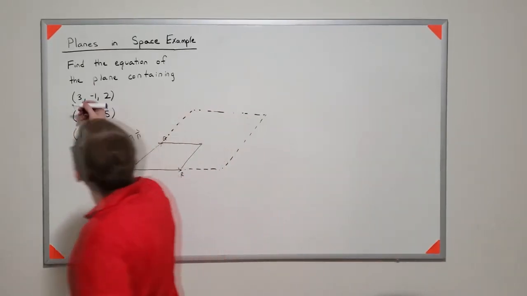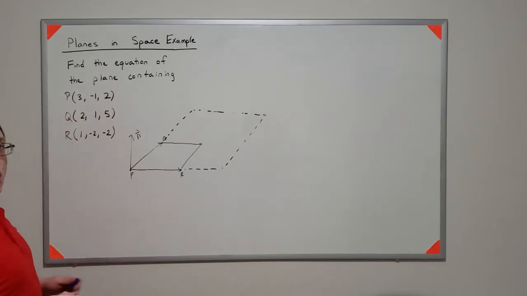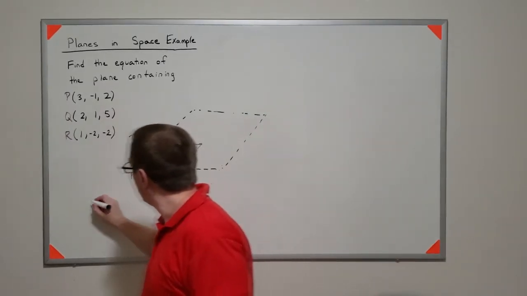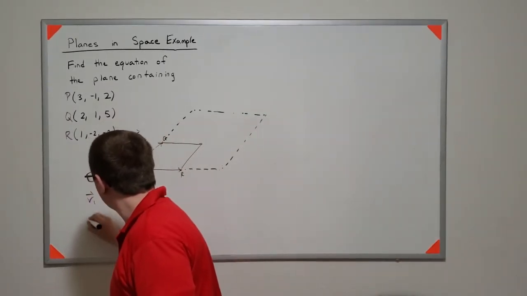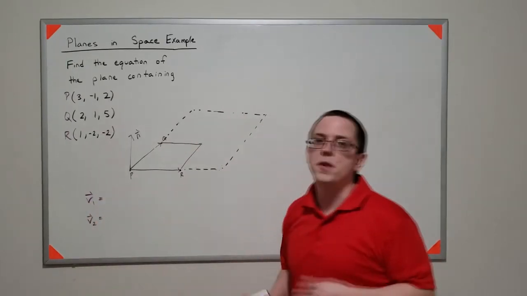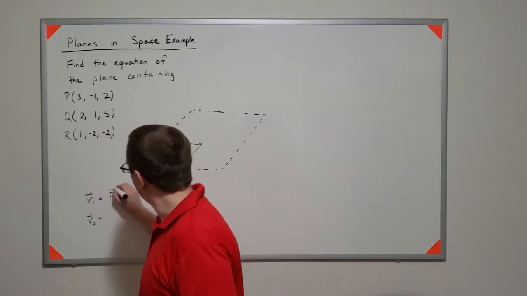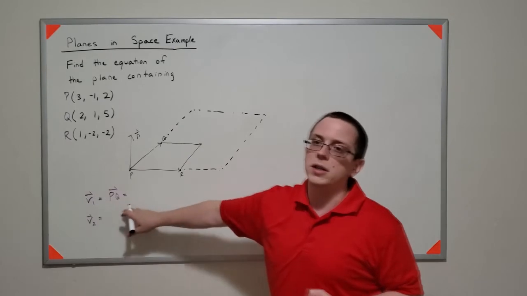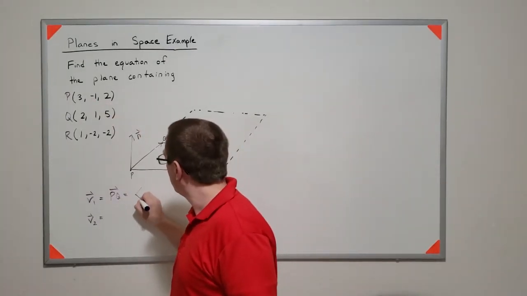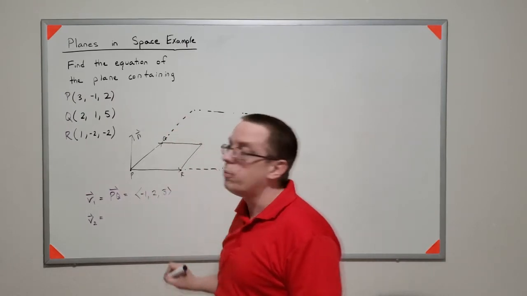So if I call this P, Q, and R, then let's get PQ and let's get PR. Let's call V1 PQ, the directed line segment from P to Q. So that's going to be -1, +2, +3.